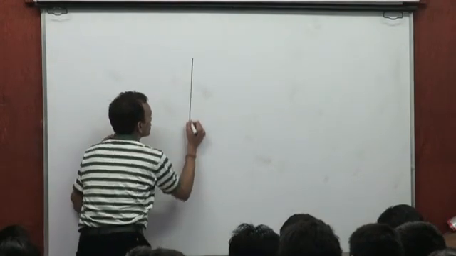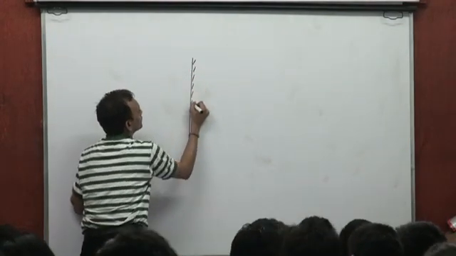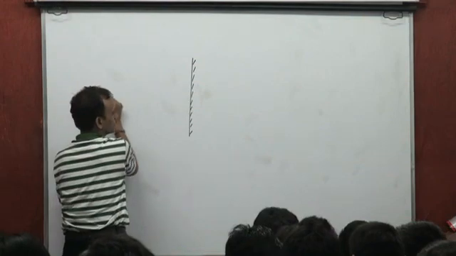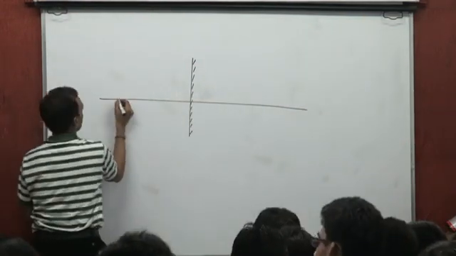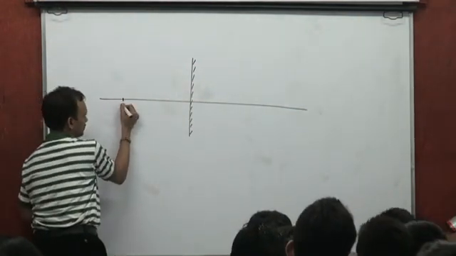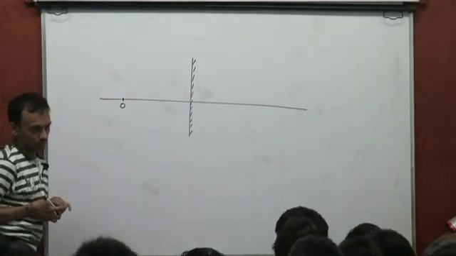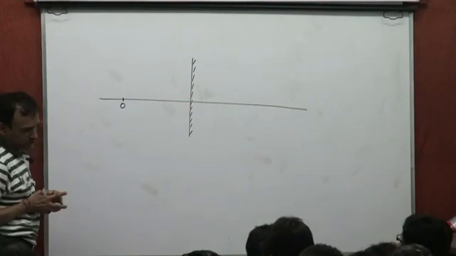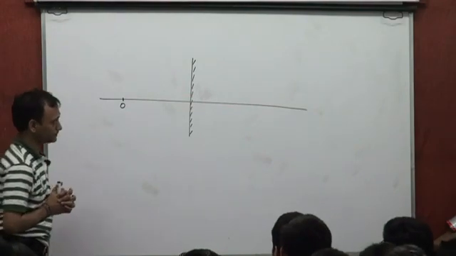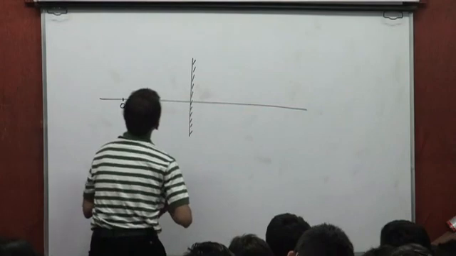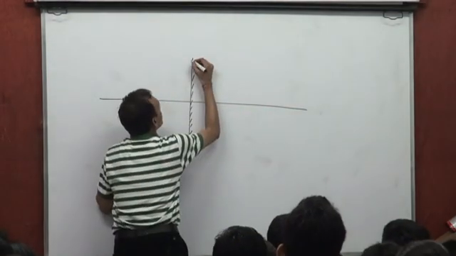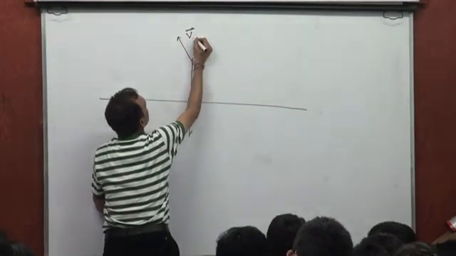Say this is a plane mirror. This is an object and a line perpendicular to the plane mirror, passing through the position of the object. Let's say the mirror has a velocity Vm.